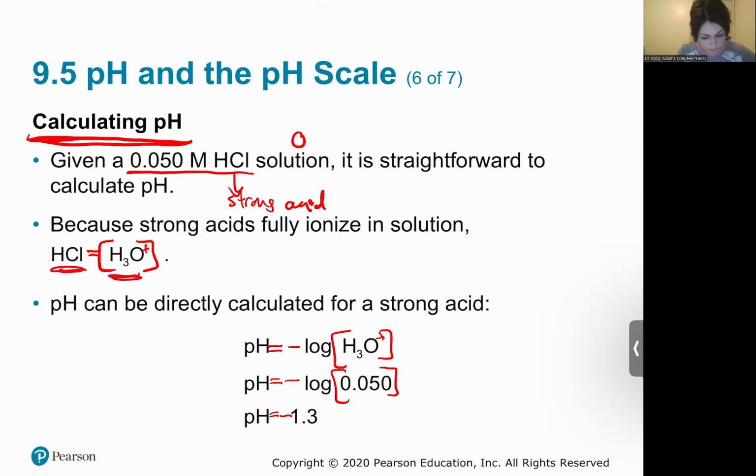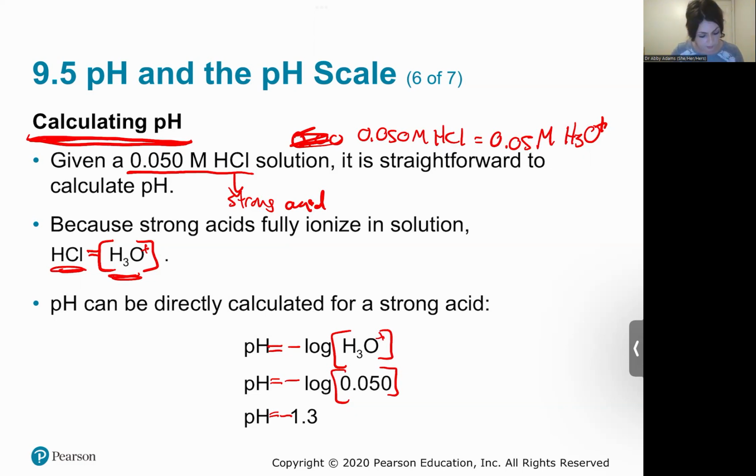So your concentration of HCl is going to equal your concentration of hydronium ions. So if you have 0.050 molar HCl, you're also going to have 0.05 molar of your hydronium ions, right? Because it's going to completely dissociate. So that's going to be the same number of ions as far as molarity goes. So that's really easy, right? I like that kind of problem.